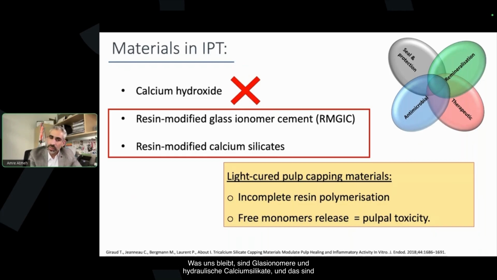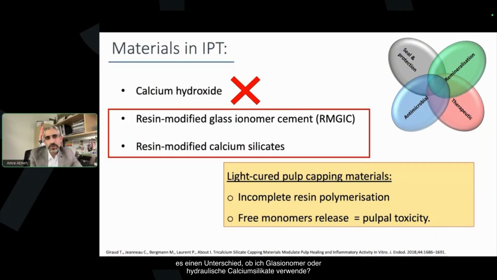So what is left as free monomers will permeate into the pulp and affect the pulp. So instead of protecting the pulp and providing the best conditions for it to heal and respond to our indirect pulp treatment, we're actually imposing additional risk and further irritation.